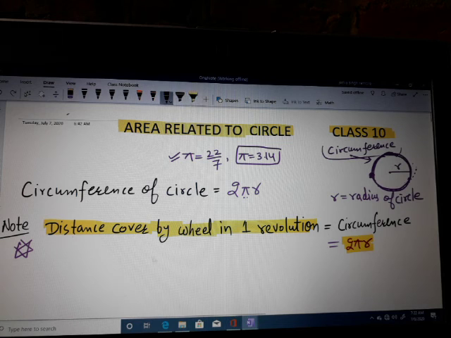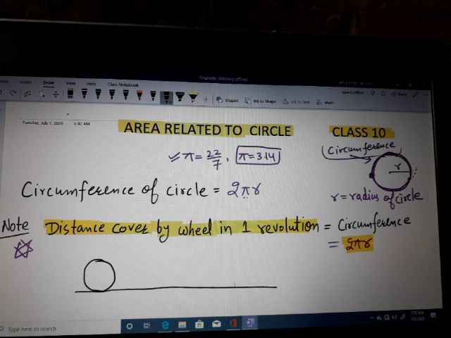How? I will explain. For example, this is the circle. When this moves on this track, let's consider a point A. When it moves from here to here, this point also moves on the path of the circle. Again it moves, A will come here. Further it moves, this point A will move on this track, just like I am moving this circle in this way. Finally you will see that this point comes again to the point here.